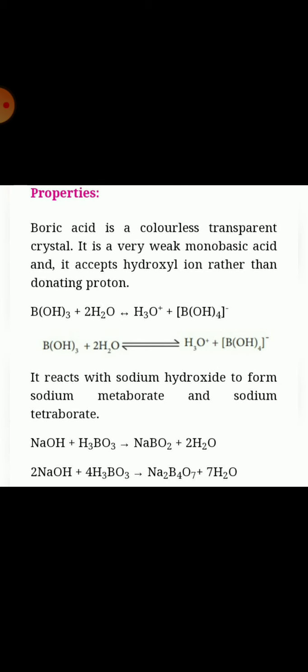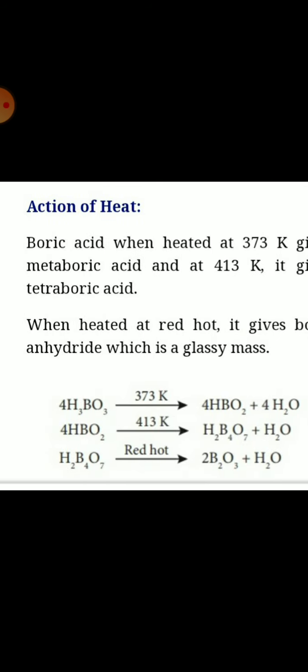Then again sodium hydroxide reacts with boric acid to produce borax, that means sodium tetraborate, Na2B4O7. So its other name is sodium tetraborate, or otherwise we call it borax. These are the properties. Next property, action of heat.